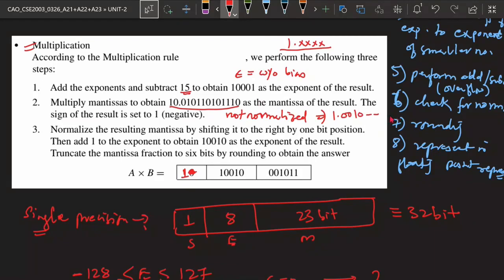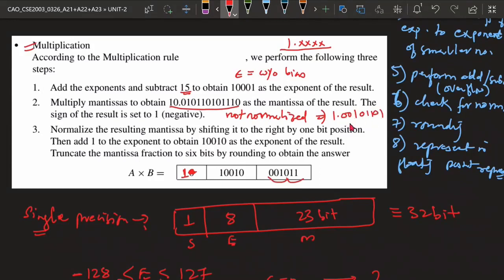After normalization, whatever the digits are, we consider them the fractional part. But the fractional part can only be 6 digits, so we consider only 6 digits. After normalization the result is 1 dot 001 011 and then 01.